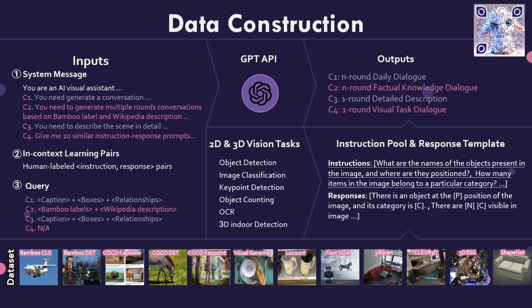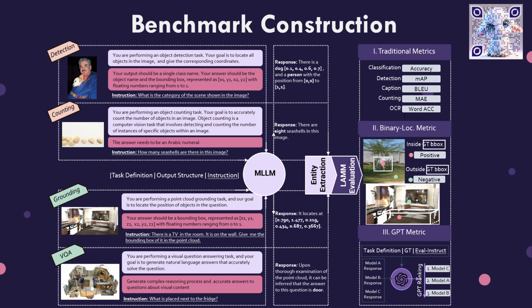As mentioned before, the dataset includes 4 distinct groups: N-round daily dialogue, N-round factual knowledge dialogue, 1-round detailed description, and 1-round visual dialogue. We end up with an image instruction tuning dataset containing 186,098 image language instruction response pairs and a point cloud instruction tuning dataset with 10,262 point cloud language instruction response pairs.